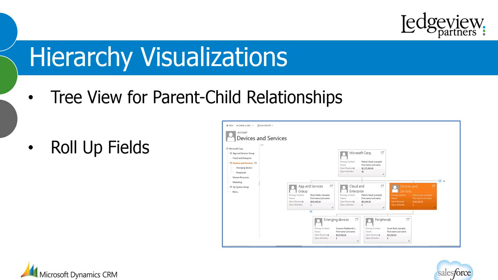More than just the account and child account hierarchy, you can add this visualization to any entity or custom entity within CRM. Along with the visualization, they did add something called roll-up fields. For our example, we're going to show you how it interacts with a hierarchy, but what this allows you to do is pretty much take information from child records and roll it up to the parent records.